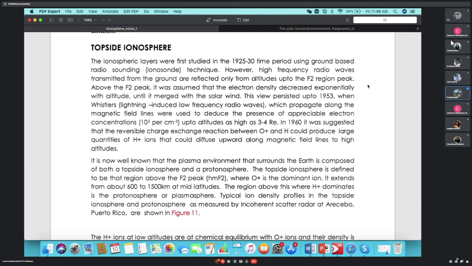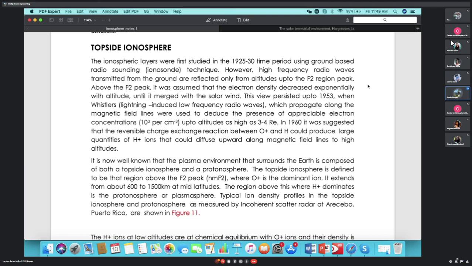Because whistlers are electromagnetic waves or radio waves, you can have propagation, and from propagation studies across continents, because they are very low frequency and you have a very sensitive receiver, though only very few people have studied whistlers, it has been found that the ionosphere can sometimes extend up to 3-4 Earth radii.